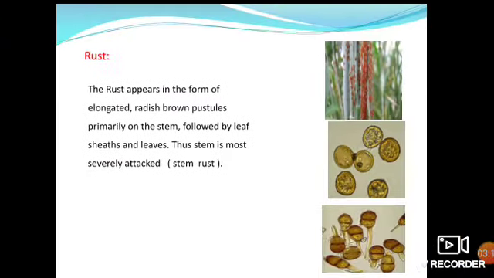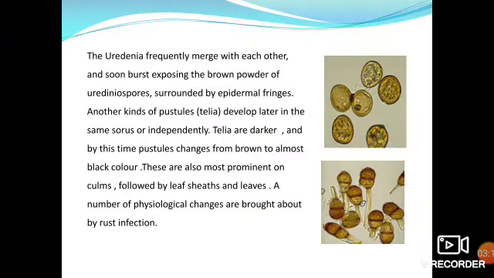The next slide. See here, in the wheat rust, actually two stages or two types of spores are formed on the wheat plant. Number 1 is urediospores, and second is teliospores. The urediospores are present in the uredinial stage, which is the first stage in the wheat rust disease.